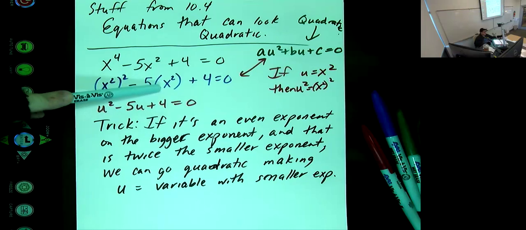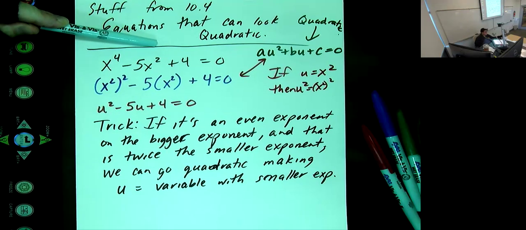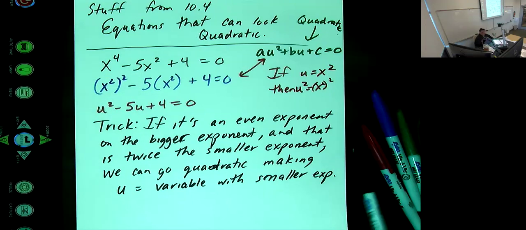The smaller exponent is the 2. The 4 is twice as big as the 2, which means we can make it quadratic. So we make u the variable with the smaller exponent, the x squared, that makes the other one the square. Does that kind of help?